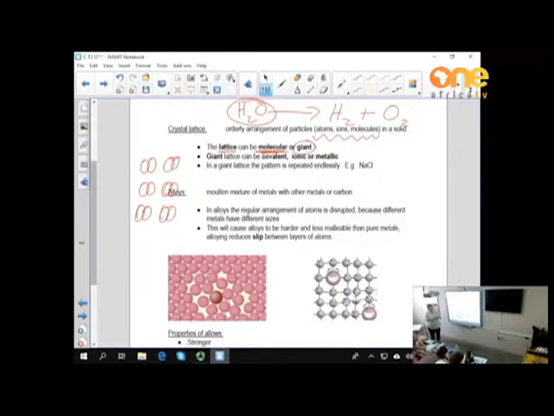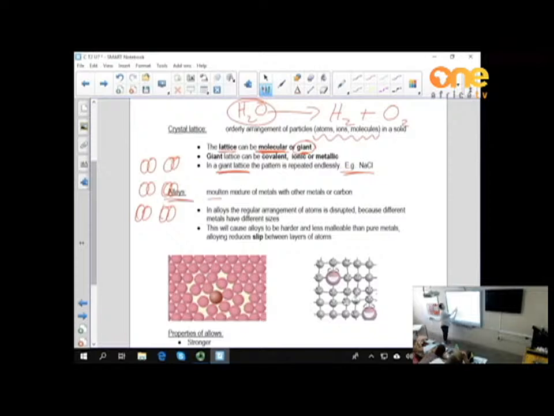All right, so then the amount can vary. But we talk about giant covalent structures, and we will have a look at them also a little bit further on. They say in a giant lattice, the pattern is repeated endlessly. For example, in sodium chloride, I can get a tiny little grain of sodium chloride and I can grow big crystals of sodium chloride. It's just a pattern that is repeated in a bigger crystal.